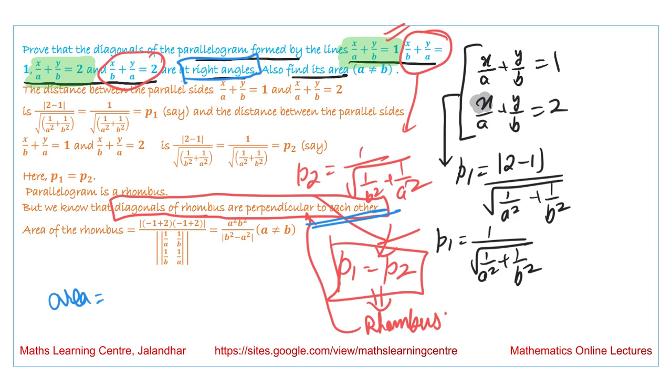That is why we are saying they are at right angle. And the area of this rhombus, if we substitute the values in this formula, we obtain that the area of this rhombus is a square b square divided by mod of b square minus a square. So this is the value of the required area of the rhombus.